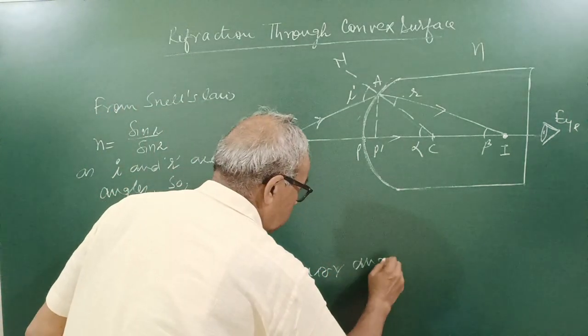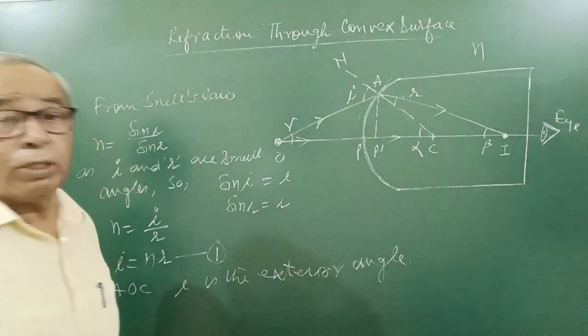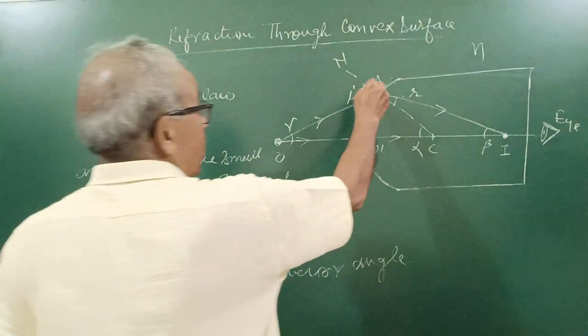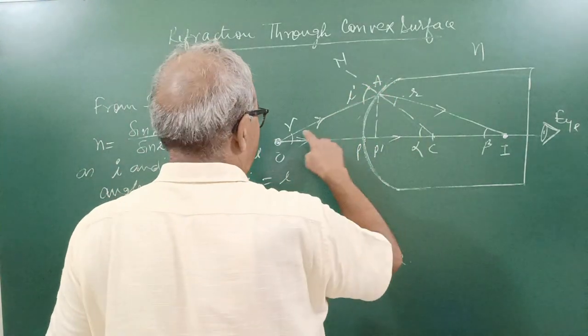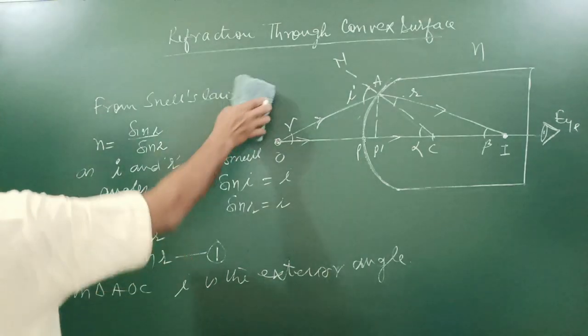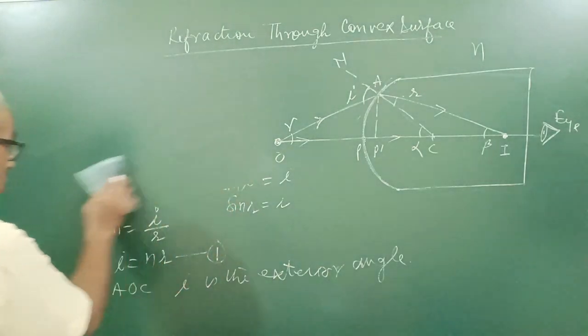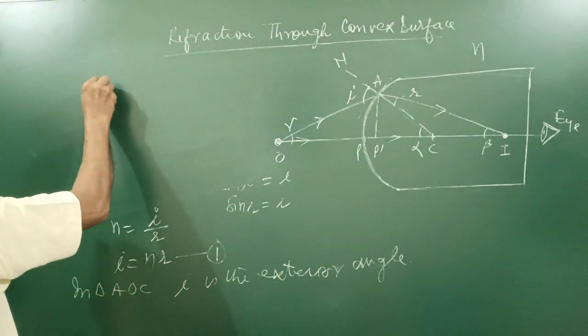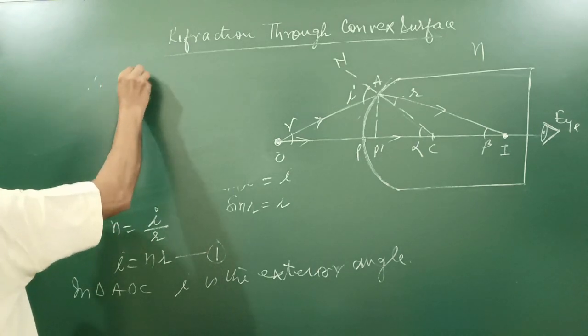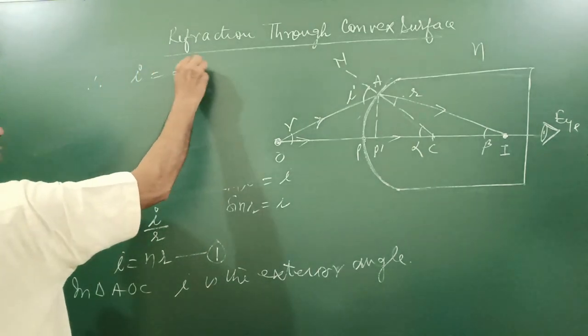And the exterior angle is equal to the sum of the interior opposite angles. So here i is equal to alpha plus gamma. So i is equal to alpha plus gamma.